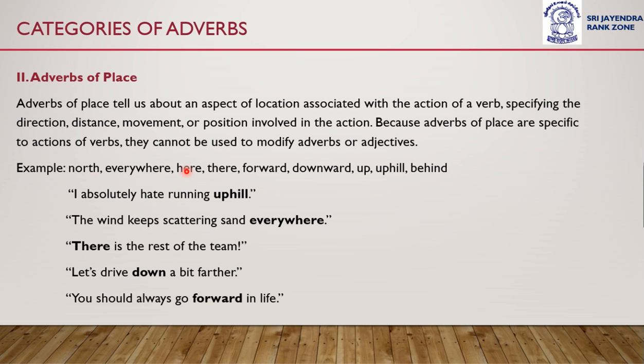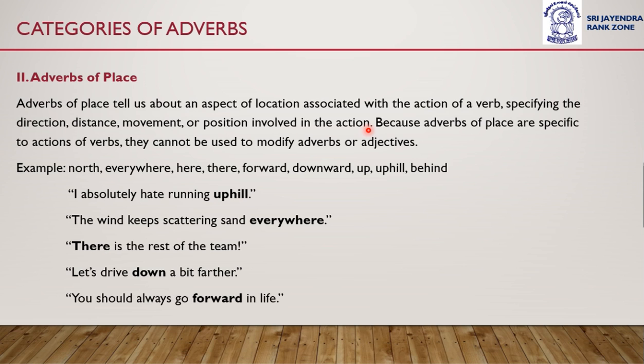Some of the examples of adverbs of place while being used in a sentence are: I absolutely hate running uphill. So uphill is an adverb of place over here. Okay. Adverb of place tells us about an aspect of location as involved in the action.